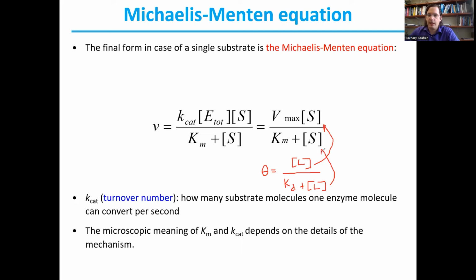Again, notice our ligand concentration, of course, corresponds to our substrate concentration for our enzyme. And so our Kd actually kind of takes a similar role to our Km in the Michaelis-Menten equation.